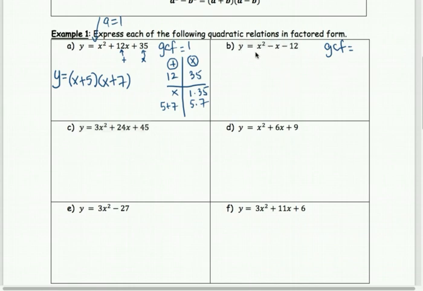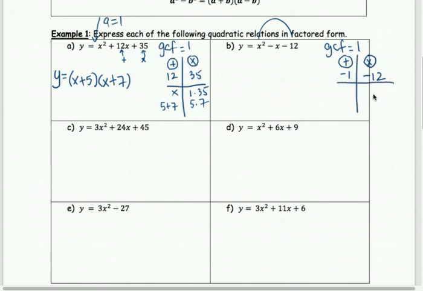All right, greatest common factor. So this is a 1, this has a -1 and a 12, so the only thing I can divide out of all of these is a 1. All right, so then let's go to what adds to the middle one and what multiplies. So again, remember, always multiply both of these together. Okay, so you get 12, -12.